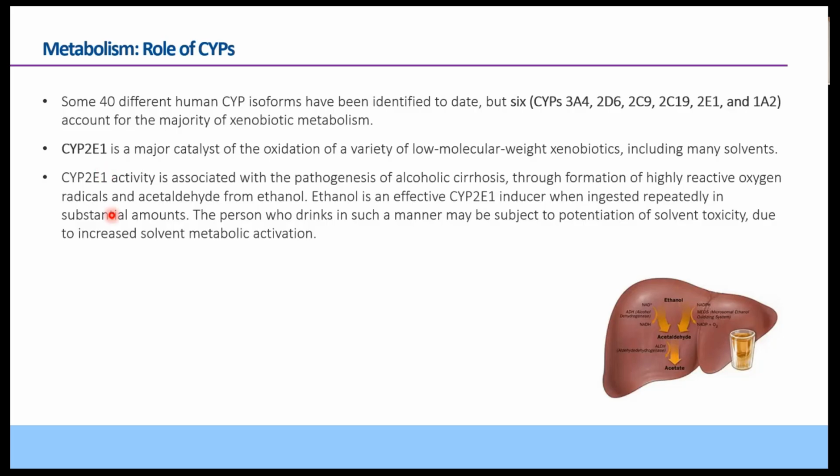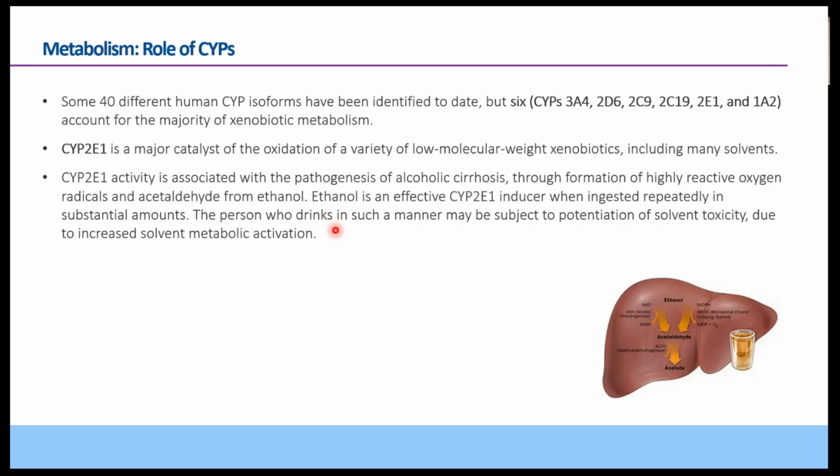solvents, and CYP2E1 activity is associated with the pathogenesis of alcoholic cirrhosis through formation of highly reactive oxygen radicals and acetaldehyde from ethanol. Ethanol is an effective CYP2E1 inducer when ingested repeatedly in substantial amounts.